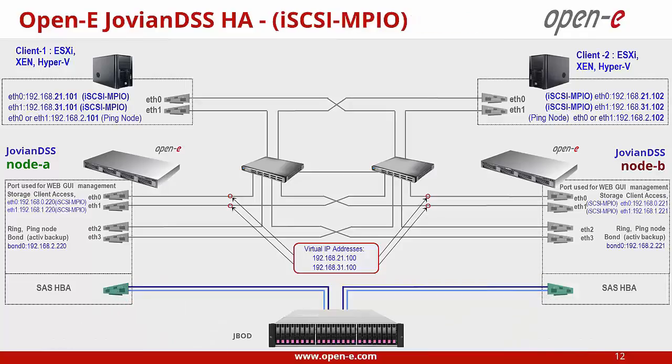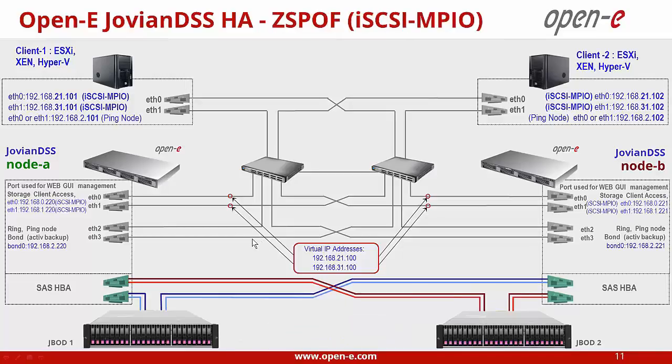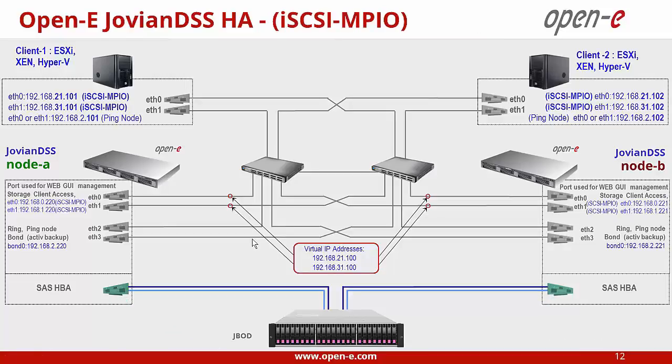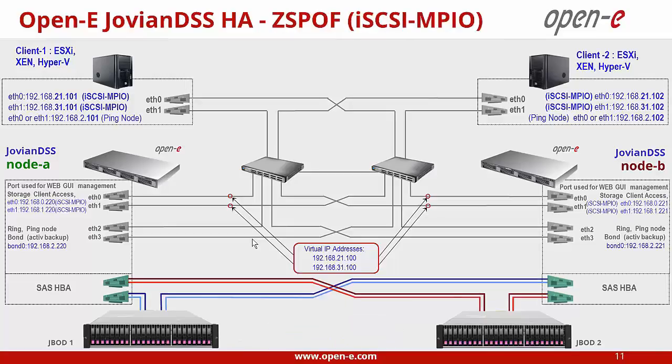Next one, here we have the iSCSI MPIOs. So here I was having zero single point of failure, two switches. Here I have also two switches, single point of failure, but the difference is very, very thin, you know, just a single JBOD.